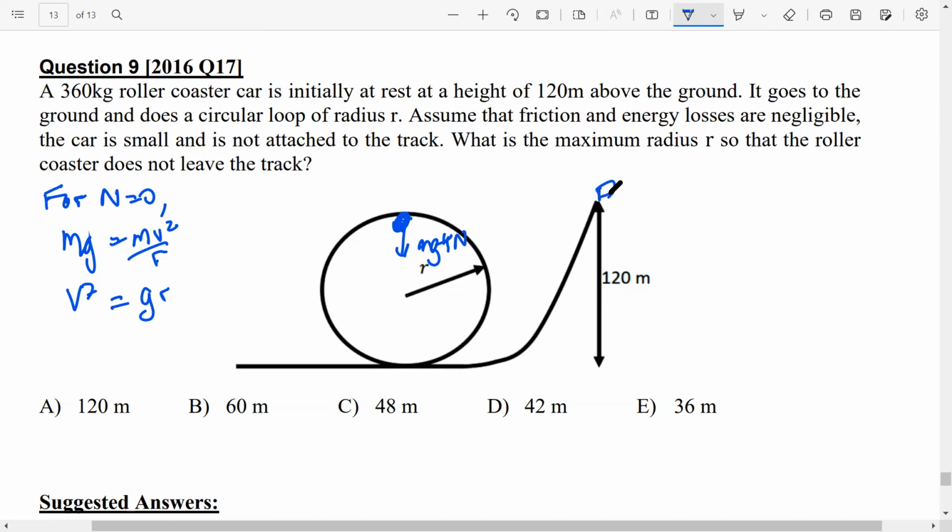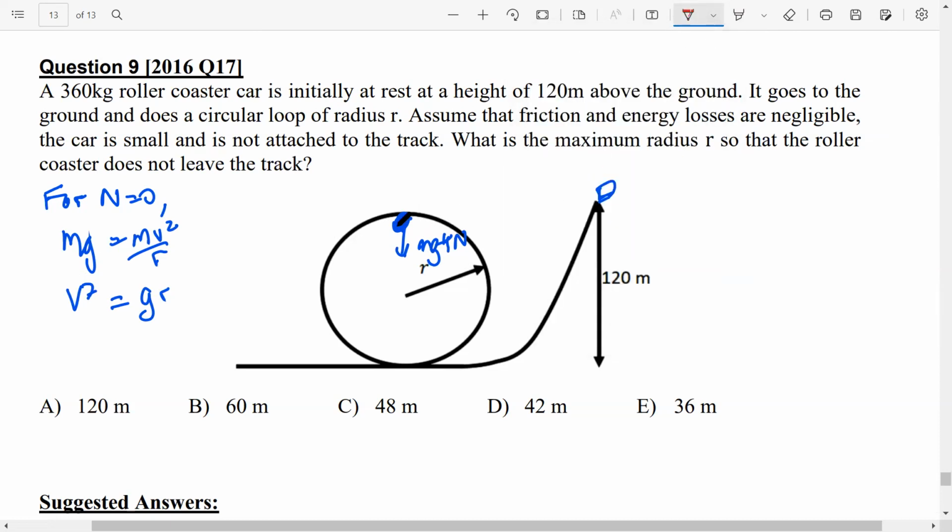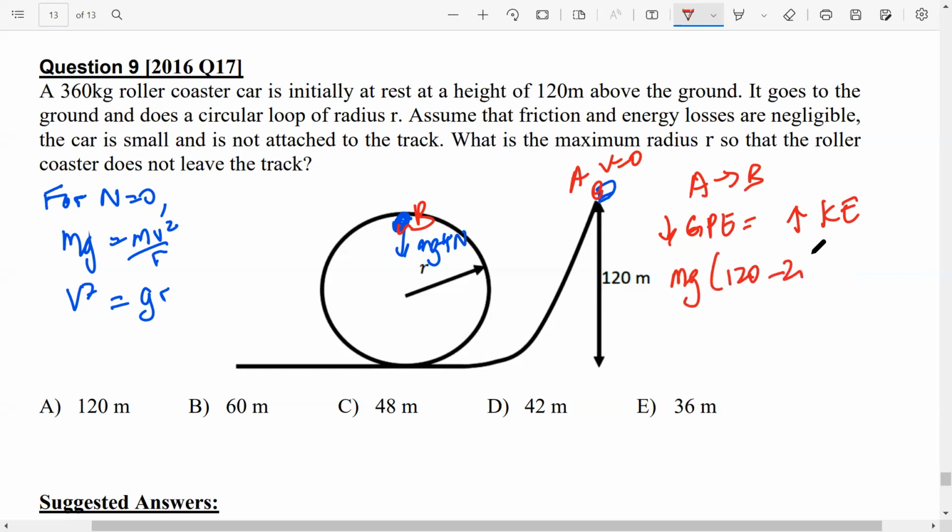So it's at rest here. Now what happens is that between these 2 points, let's say start point to end point, there's a loss in GPE, which is equal to the gain in KE. Here v equals to 0, so it's pretty straightforward. Loss in GP, mg times 120 minus 2r.